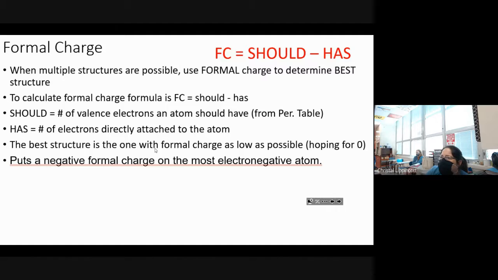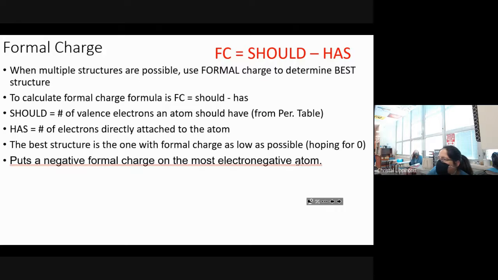Okay, the best structure is the one with the formal charge that's lowest as possible. You're hoping for 0. And you put a negative formal charge on the most electronegative atom. So if you have a choice, that's where the negative formal charge needs to go. And you're going to have to watch some of these to figure out how this works.